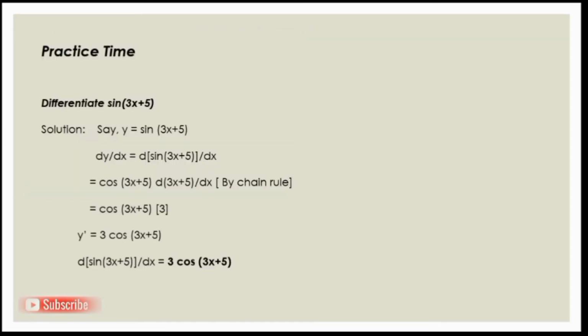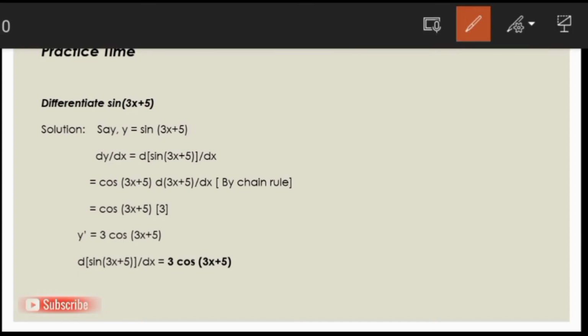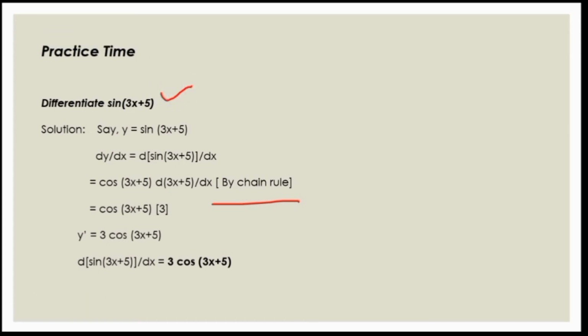Our first question is to find the differentiation of sine 3x plus 5. First we let it be y. Then dy by dx will be the differentiation of sine 3x plus 5. We'll do it by chain rule. We let the first function be sine and the second one be 3x plus 5.